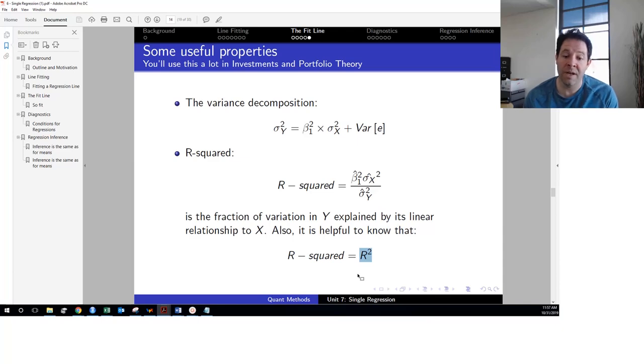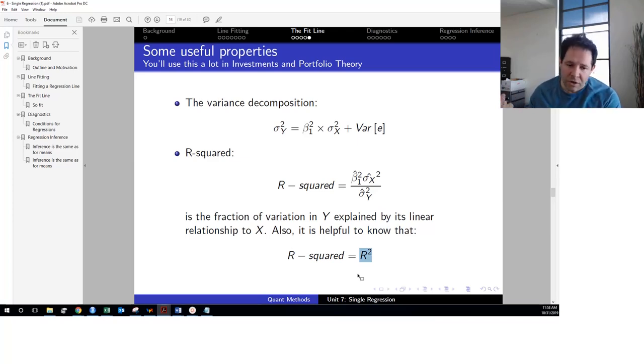It tells you that 49% of the variation in y is explained by its linear relationship to the variable x, and that gives you a nice quantitative way to describe how much variation is explained. Now, this has a lot of applications. It's not an end-all be-all for regression. We don't necessarily seek regressions that have greater R squared.